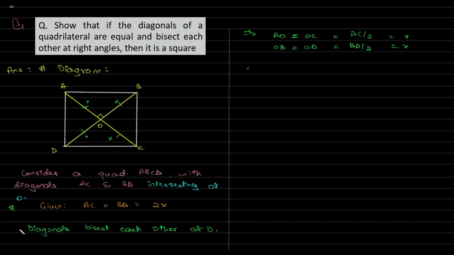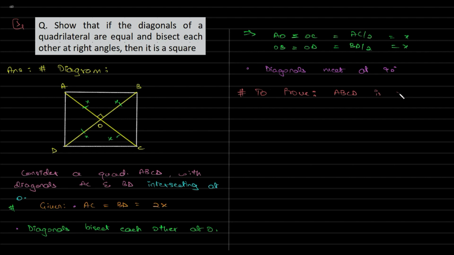Then also the third thing that is given is that the diagonals meet at right angle, at 90 degree. So we can tell angle AOB is equal to 90 degree. There are quite a few angles, so let's not write all of it. So this is all the things that is given. In the end, what is that we need to prove?